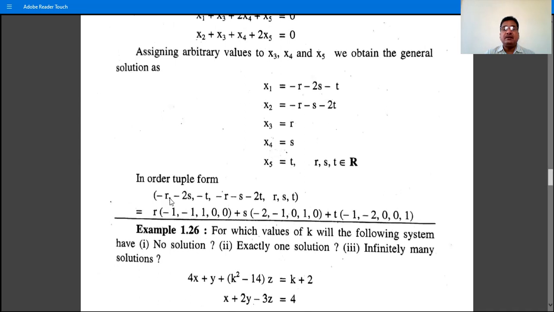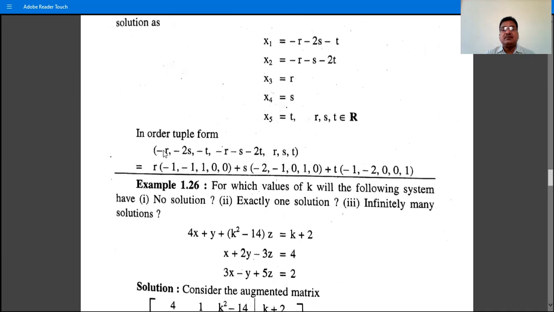And so we write the solution of the system in this form: the 5-tuple (x1, x2, x3, x4, x5), that is, (minus r minus 2s minus t, minus r minus s minus 2t, r, s, t). Then write the coefficient of r: minus 1, minus 1, 1, 0, 0.